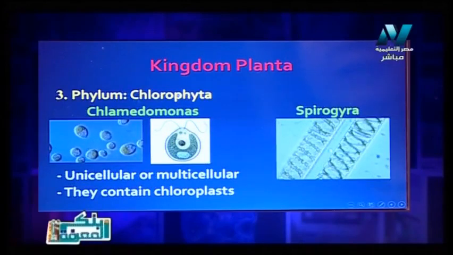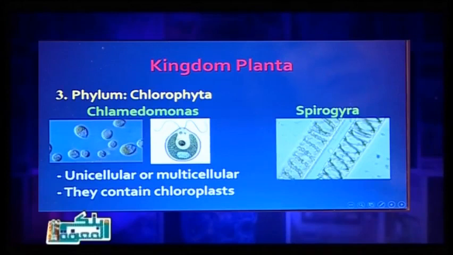The third phylum is Chlorophyta, and because of chlorophyll, it is called Chlorophyta. So these are the green algae, and these green algae can be unicellular, like Chlamydomonas, as you see in this picture. And you can notice the movement of Chlamydomonas by the two flagella shown in this picture.